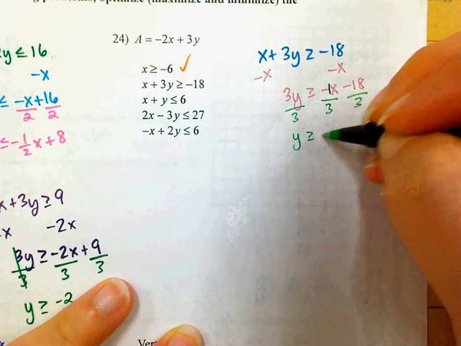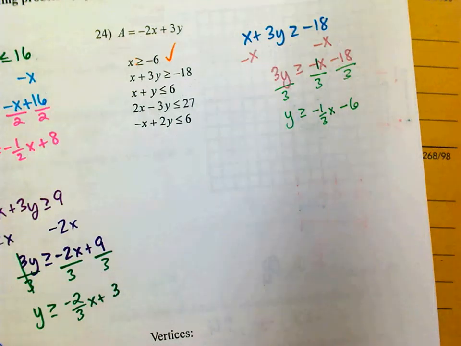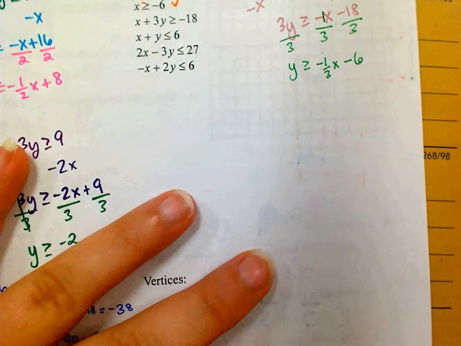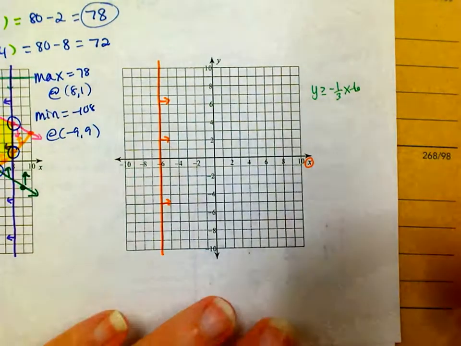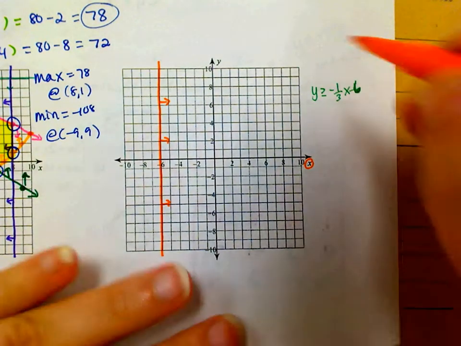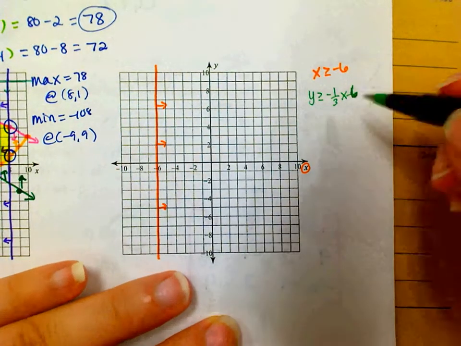Shall we go ahead and sketch that? Y is greater than or equal to negative 1/3 x minus 6. So, negative 6 on the x or the y-axis? That's a y-intercept.